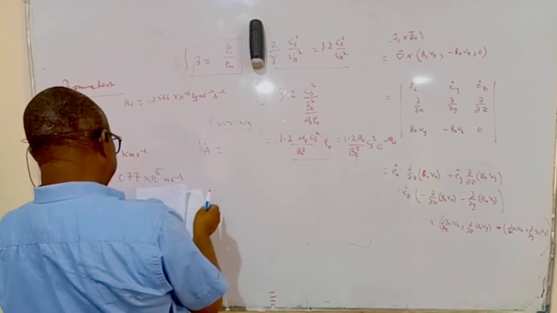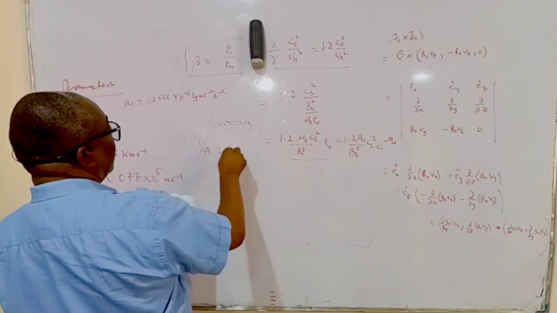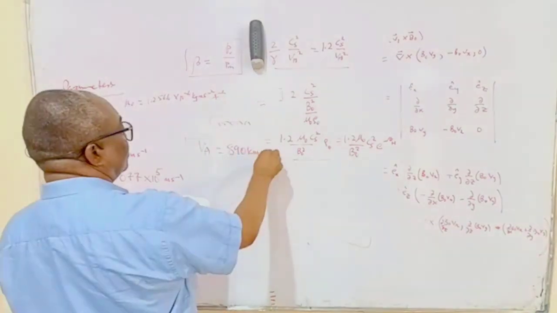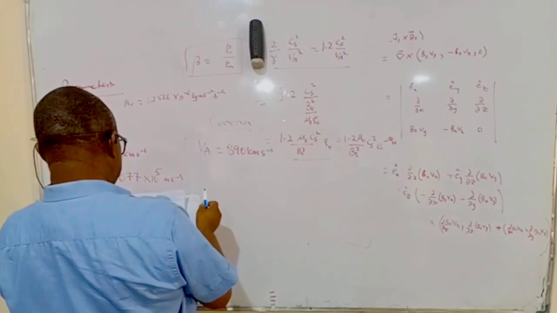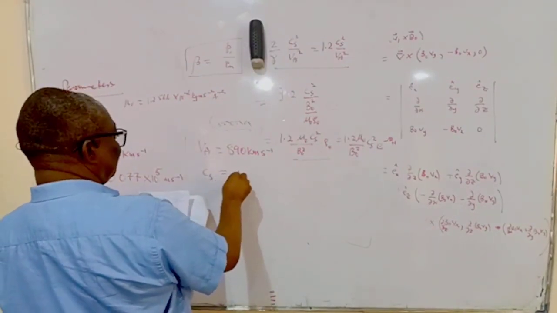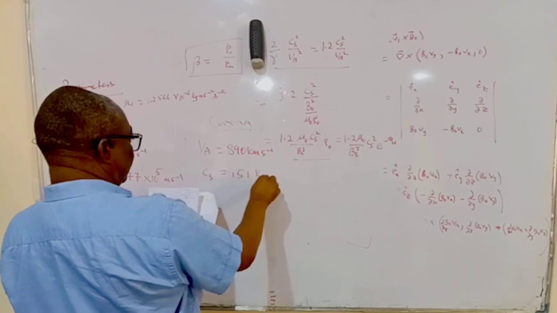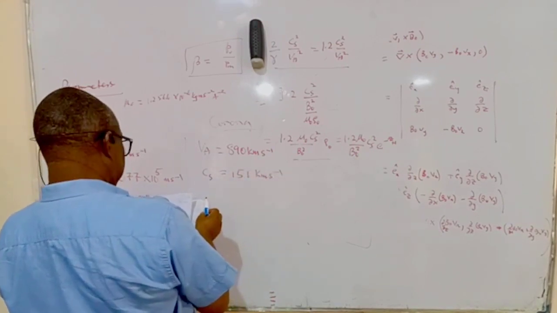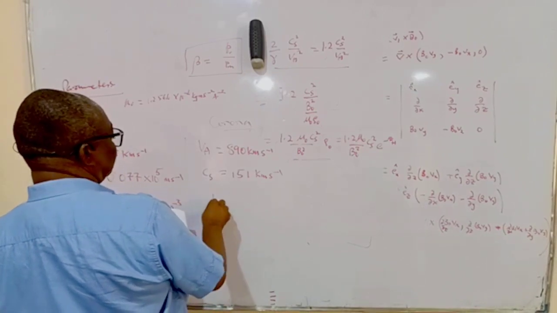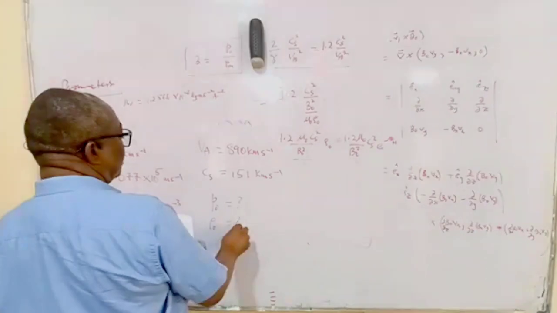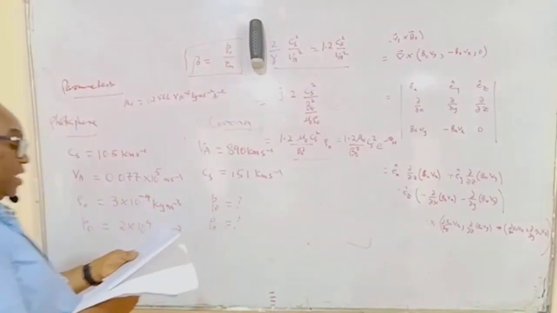VA in the corona is about 890 kilometers per second, and CS here is about 151 kilometers per second. Then you can find P0 and rho 0. This one, I will get the values for you.